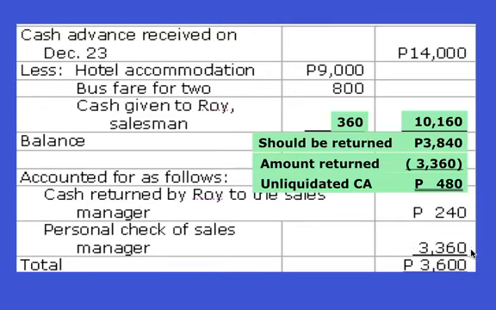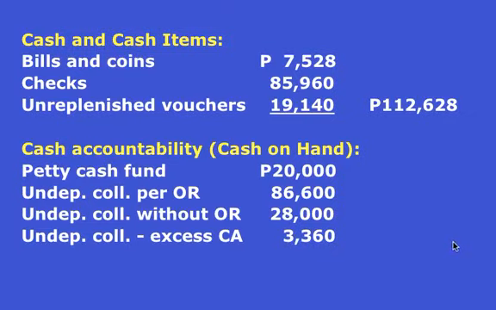So, undeposited collection, representing excess cash advance. So, kaya another accountability yan. So, itong tatlo na ito, pareho sila ng nature. Hindi pa na-i-deposit. So, nasan pa yung cheque? Okay? Asan pa yung cash? Nandun pa, on hand. Nasa office pa. Accountability yan.